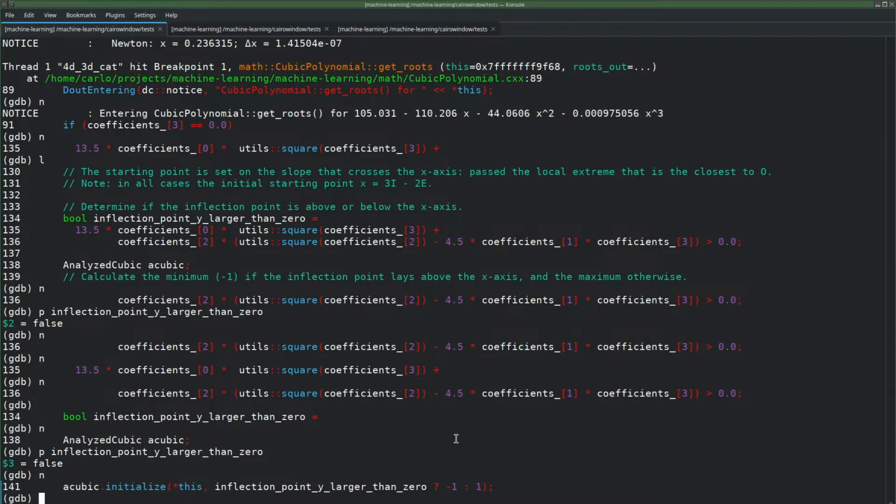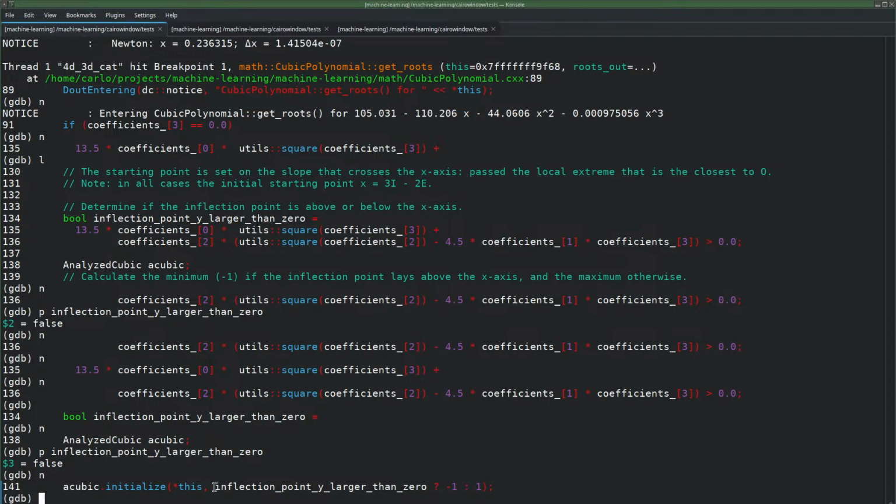Sorry, because what I want to pass here is a 1 or a minus 1, where minus 1 stands for the minimum and 1 stands for the maximum.